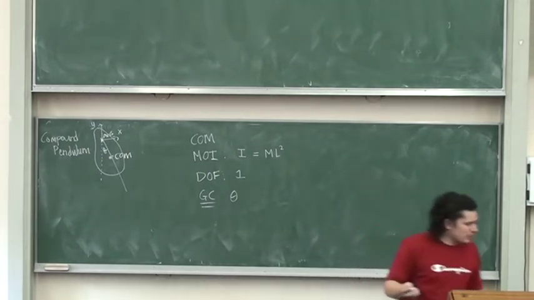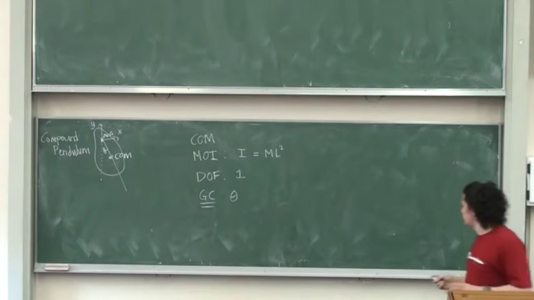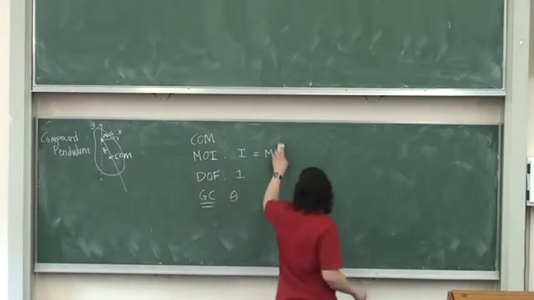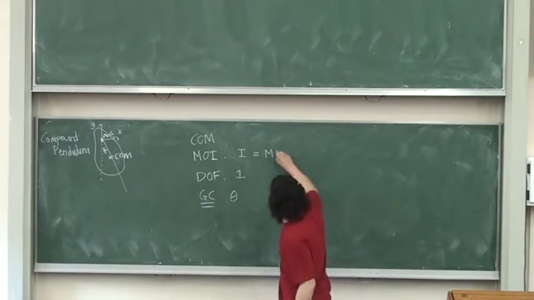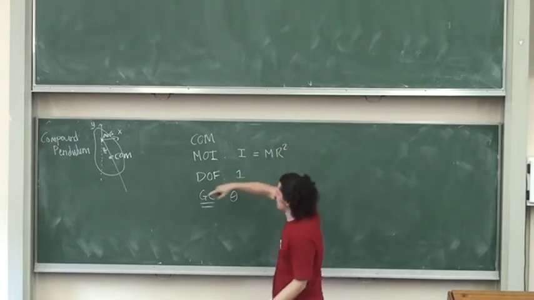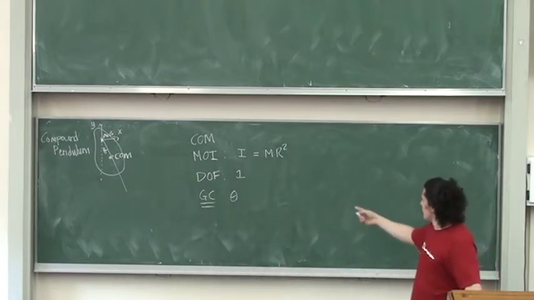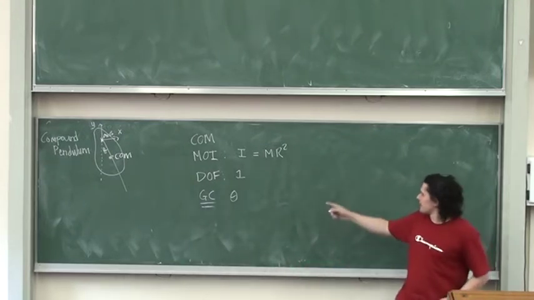Maybe let me not call it L. L is too suggestive. There's nothing that could look like a radius here, so I'm just going to call it R squared.